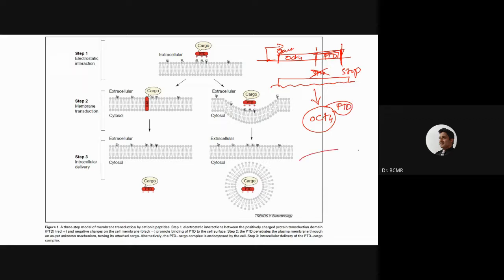So if we have a cell and we treat the cell with these kinds of proteins, the protein transduction domain may allow the entry of the OCT4, which is covalently linked to it, into the cell. And that is how the cell may have OCT4 in the cytoplasm.